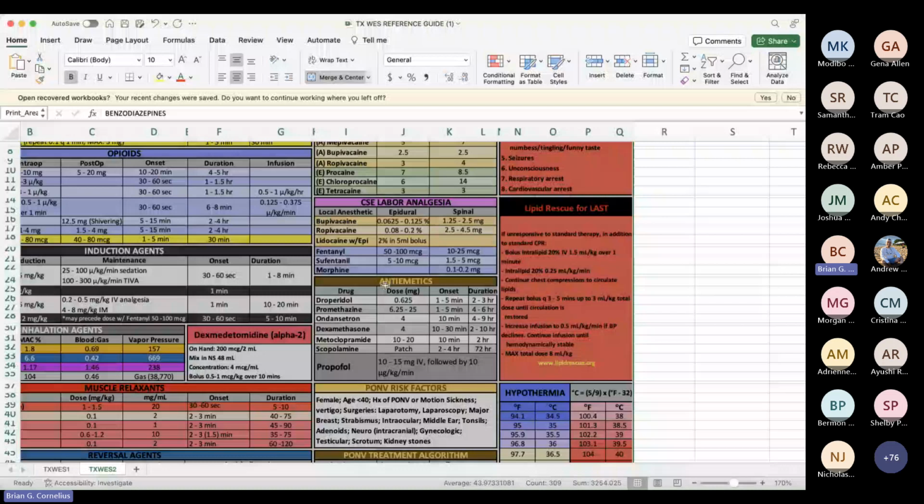Haldol is usually like 2.5 to 5 milligrams. With the use of other agents, we've kind of gone away from using Phenergan quite as much. But if you do, remember it does have a lot of sedative properties to it. So dosing 6.25 to 25 milligrams. Think about how much you're giving the patient and kind of when you're employing it.